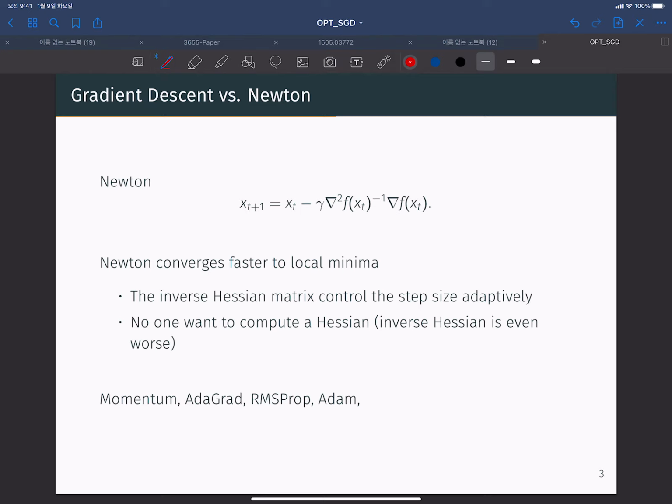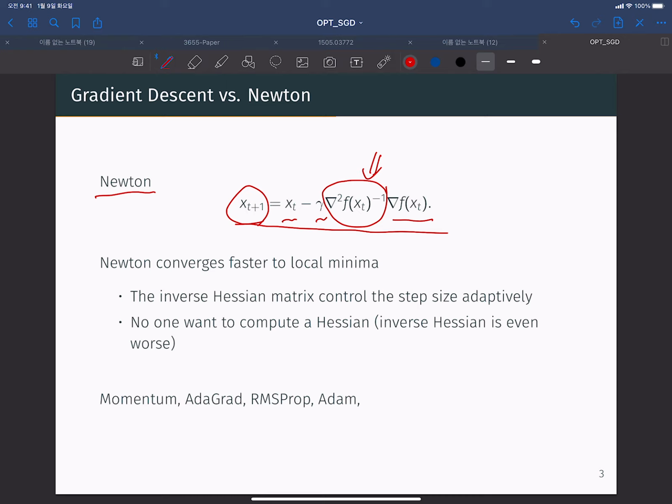For instance, Newton's method updates your parameter in this way: x_{t+1} equals x_t, the previous time slot's parameter vector, minus step size gamma times the inverse of your Hessian matrix multiplied with your gradient vector. Here you do not use the vanilla, simple gradient vector. Instead, you multiply the inverse Hessian matrix so that you can go to the local optimal point more directly.